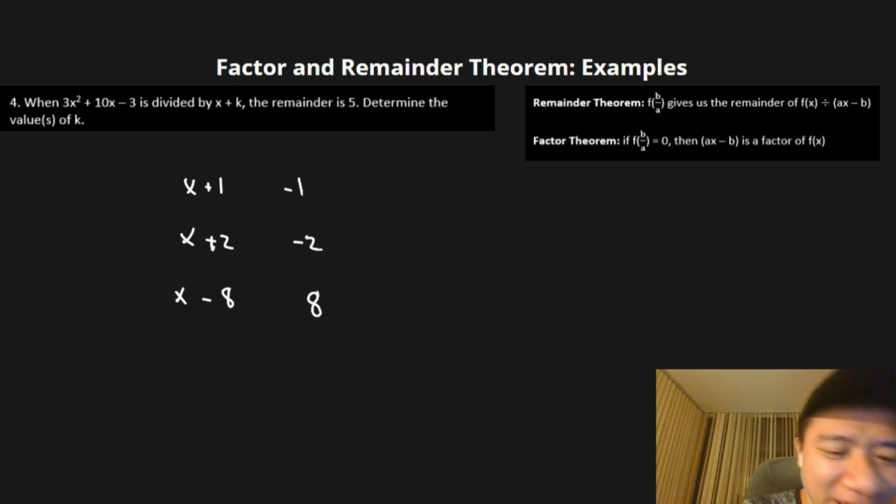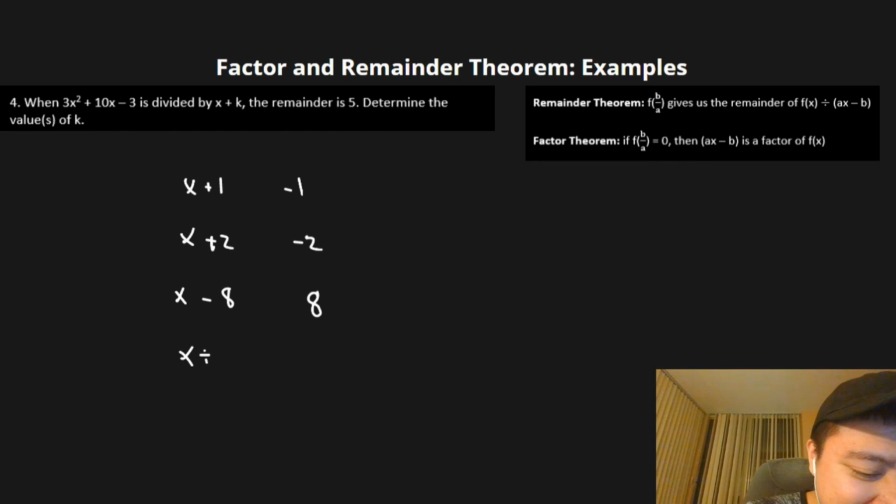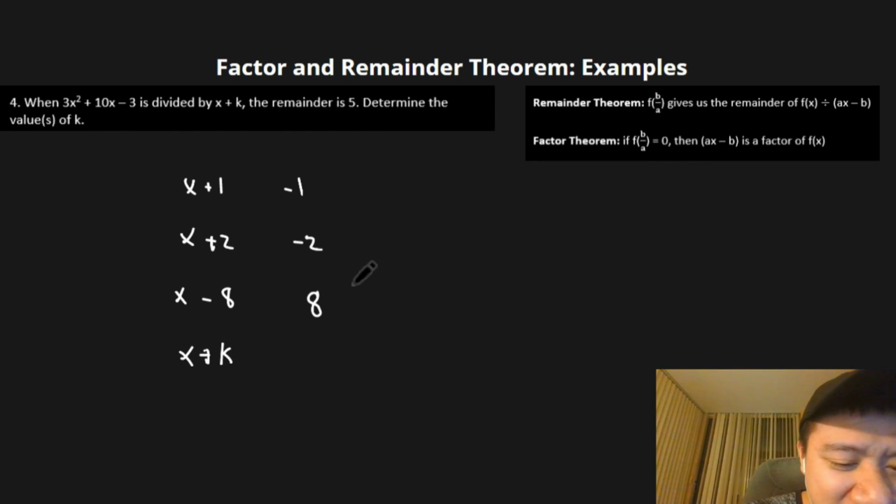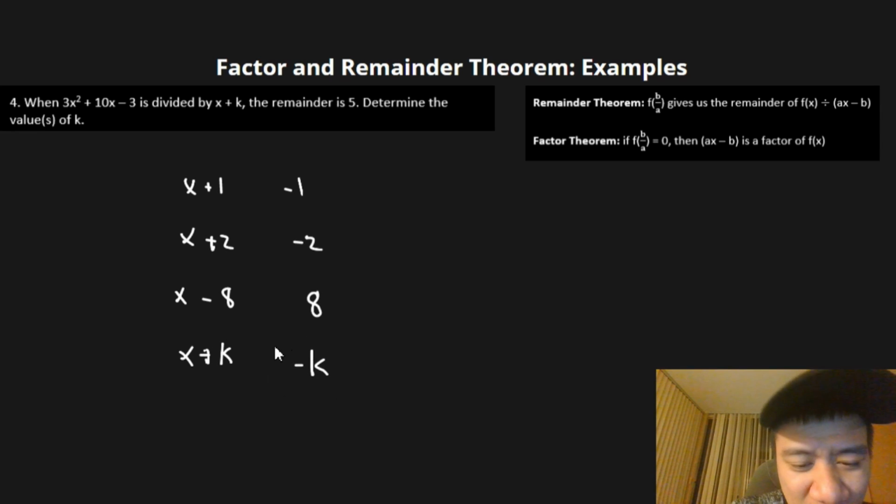So if we have x plus k, the corresponding number to this factor would just be whatever k is, but with the opposite sign. In this case, negative k. So how is this going to help us?